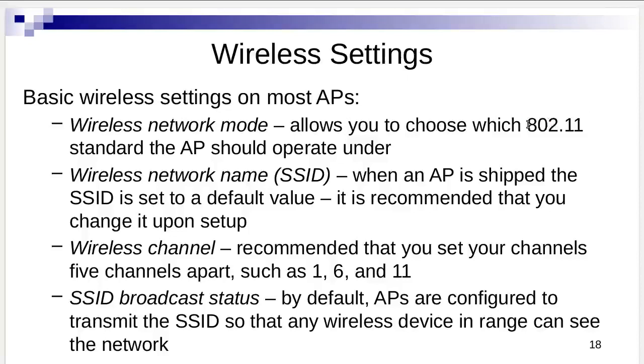The very first one was 802.11b, which was way back in 1999, and it was not very fast. It used a band in the 2.4 gigahertz area of the spectrum, and then after that came 802.11a.